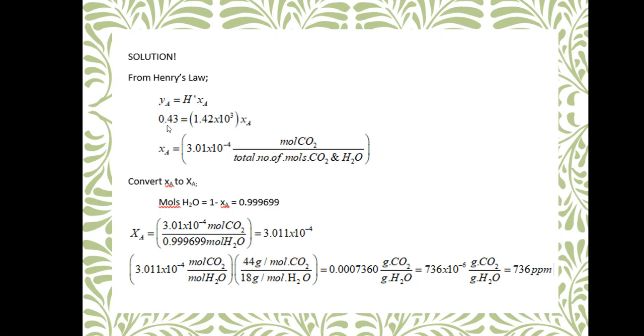And since the problem gives the value of the mole fraction of CO2 in the gas phase to be 0.43, we substitute it in the formula here. And this one is already your Henry's constant, which we have divided by the total pressure of the system.